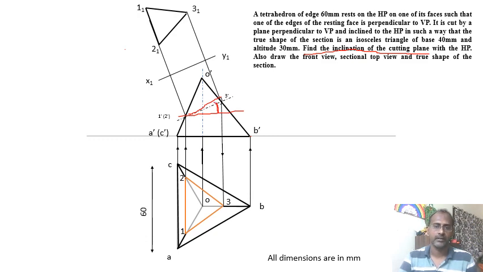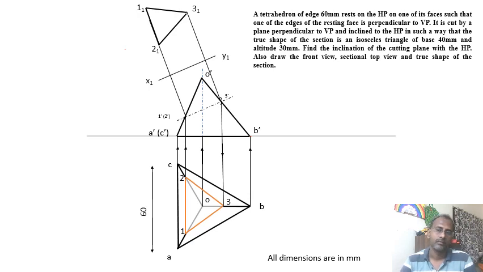You can measure this inclination and you have to mention that inclination as well in the final solution. So this is called section of solid, a special case where a tetrahedron is given and instead of information related to the cutting plane, you are given information related to the final shape, which is an isosceles triangle. From that we are trying to draw the sectional top view, the final true shape, as well as the inclination of the cutting plane.